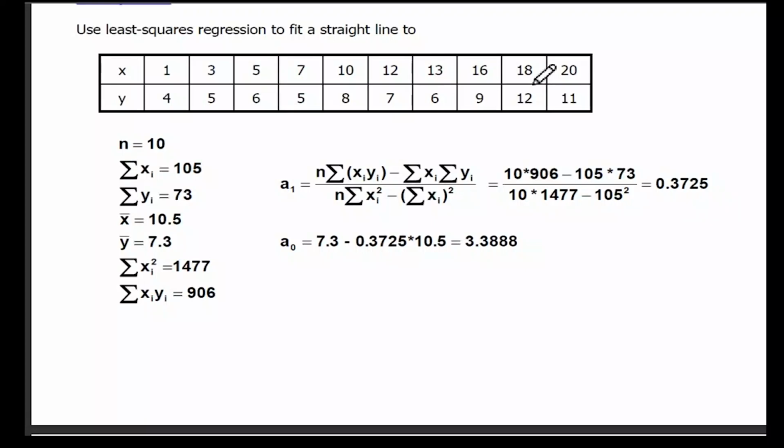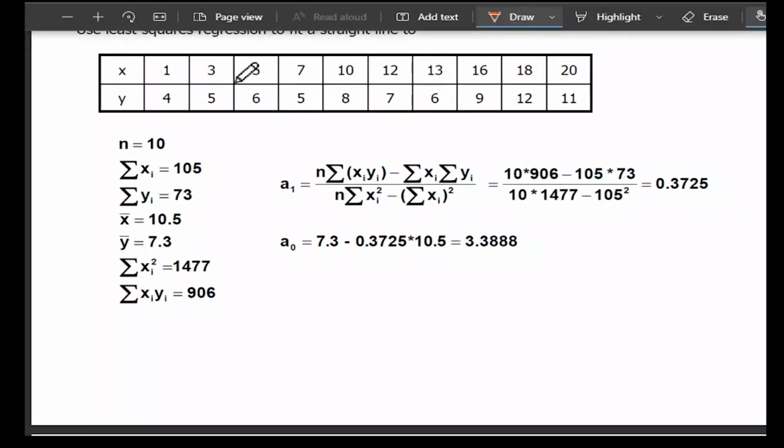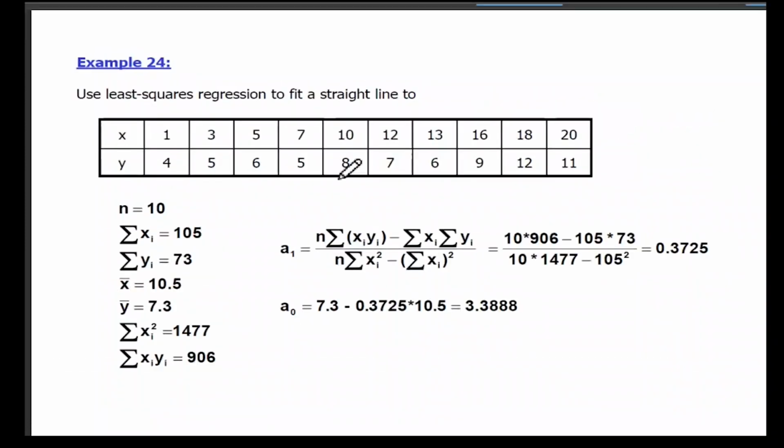Dia tak naik 2 macam ni. Beza ni 2, 2, 2, 3, 2, 1. Dia semestinya selang X tu adalah tak sama. Okay. So kita ada 10 point. So N kita equal to 10.